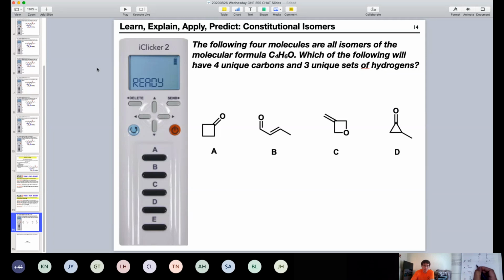What about B? How many unique carbons do you see? Aiden says 4. 1, 2, 3, 4. How many unique sets of hydrogens?